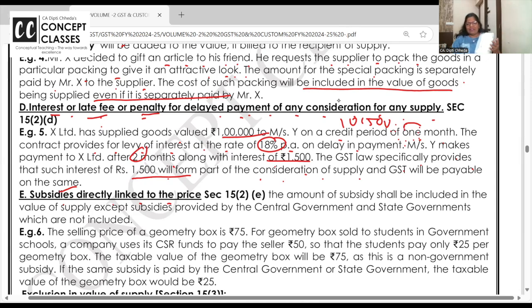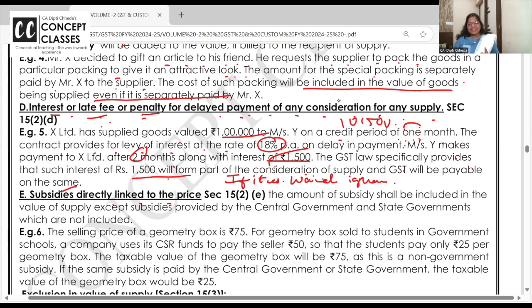But later on I waived it. Okay, this is your first time, otherwise you are always paying on time, no need to pay. So generally, late fees, interest, penalties are all added in the transaction value. But if it is waived, ignore. It's all given in the material at the back, but here I'm saying if it is waived, ignore.